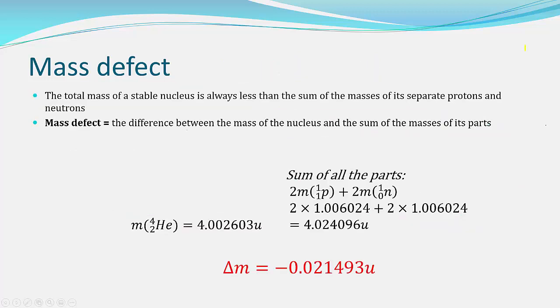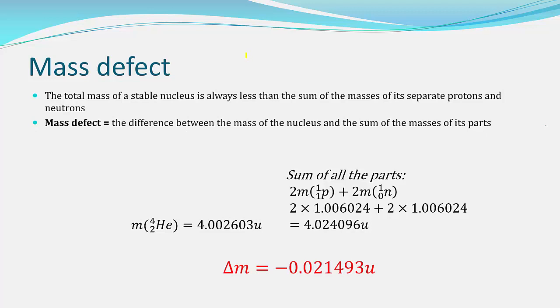And this brings us to the idea of the mass defect. So what the hard and fast rule tells us is that the total mass of a stable nucleus is always less than the sum of the masses of its separate protons and neutrons.